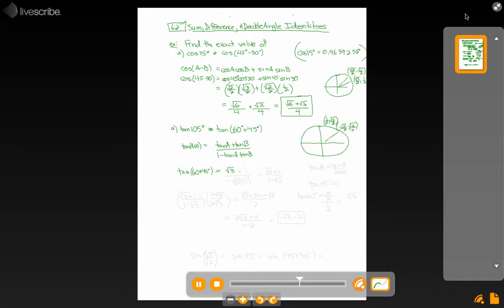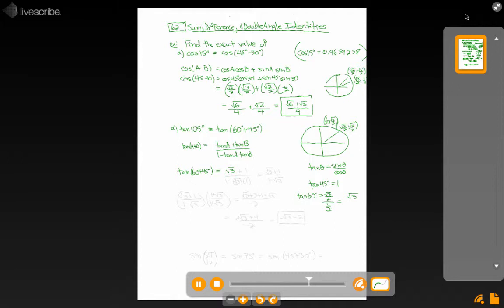Tan is sine divided by cosine. So tan of 45 is equal to 1. That might be one of the only tangent ratios most people get to know by heart. Tan of 60, you just have to do root 3 over 2 divided by half.